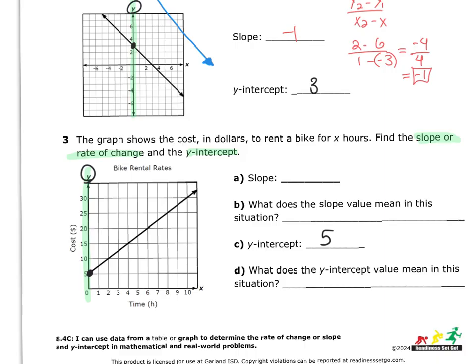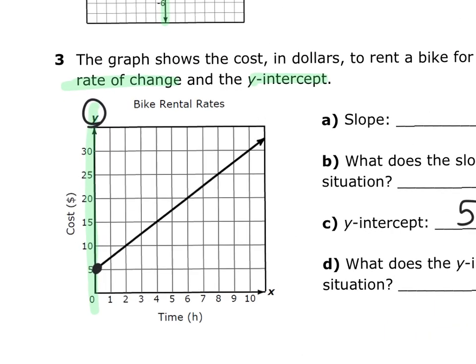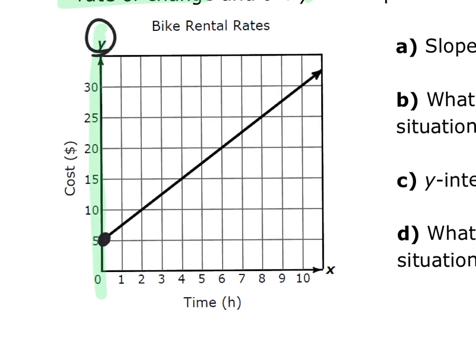So let me model the other way I found slope so that you know that you can do that. I could use my little staircases, right? I could go up 5, and then I could go over 2. Now you might be thinking, wait a minute, you didn't go up 5, you went up 1. I did go up 5.